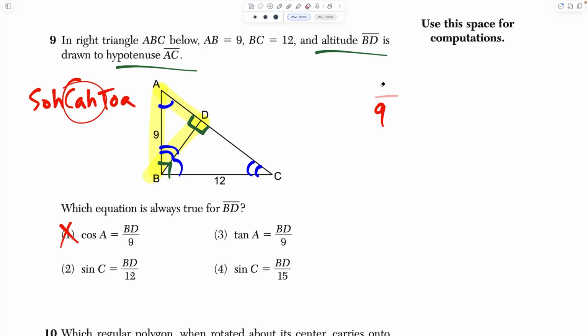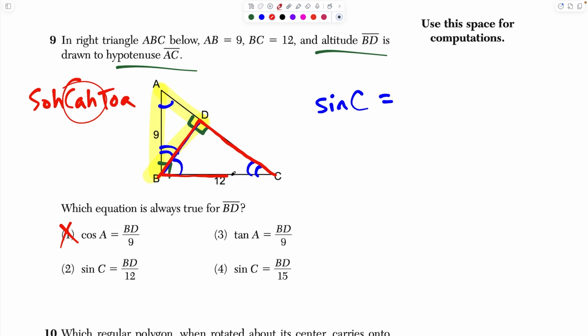But now I go on to the next answer choice. And for the next one, we have sine of angle C. So sine of angle C, I could use two different right triangles. I could use the medium-sized one, or I could use the big right triangle. But if I use the medium-sized one, so that's this right triangle over here, and let's switch colors so this stands out. So this right triangle here.